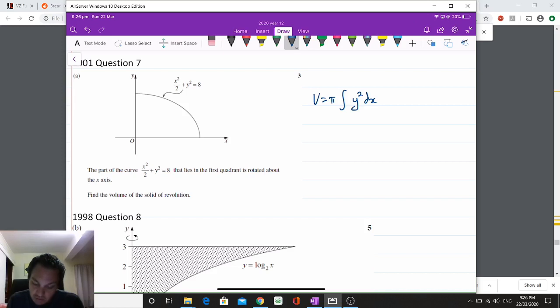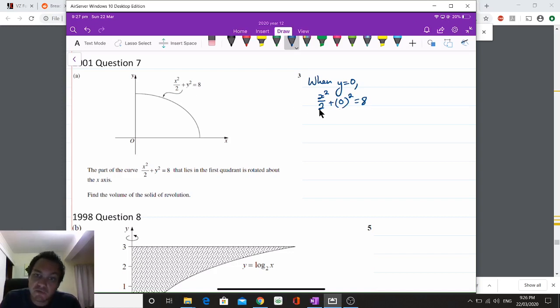So let's rub this off, and we'll write that first because we'll need to know that for that formula. So when y is equal to 0, we'll say x squared over 2 plus 0 squared is equal to 8, because the y has been replaced with 0.